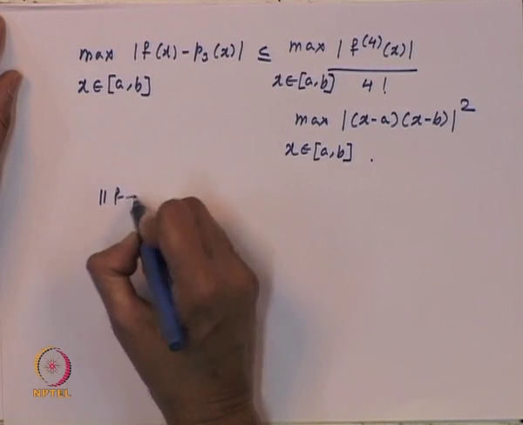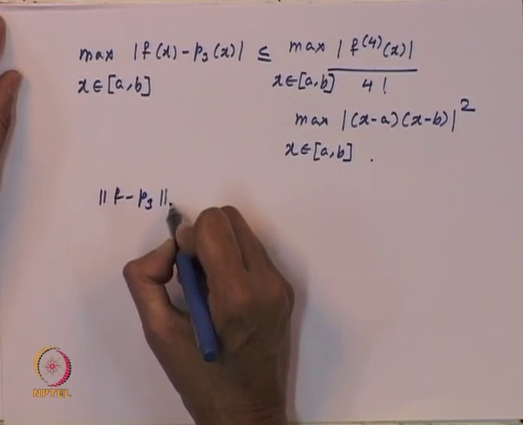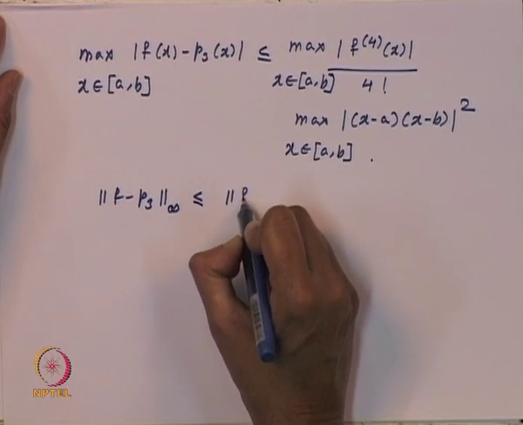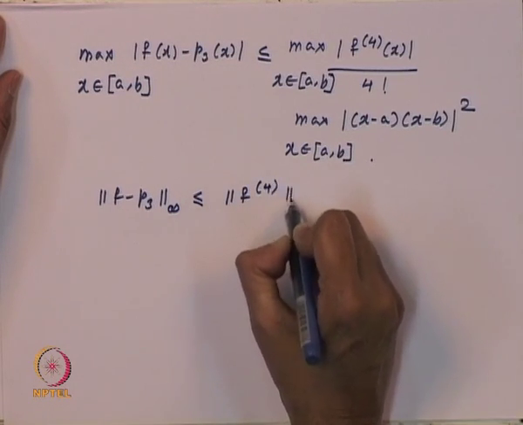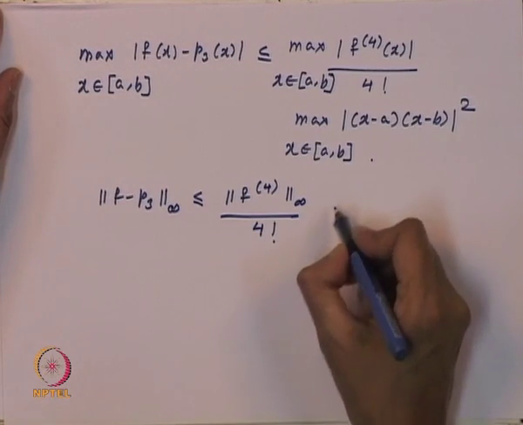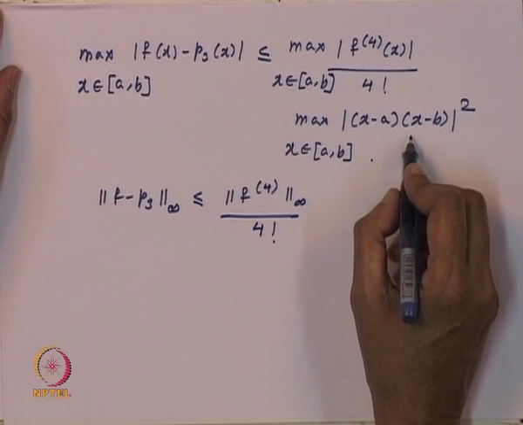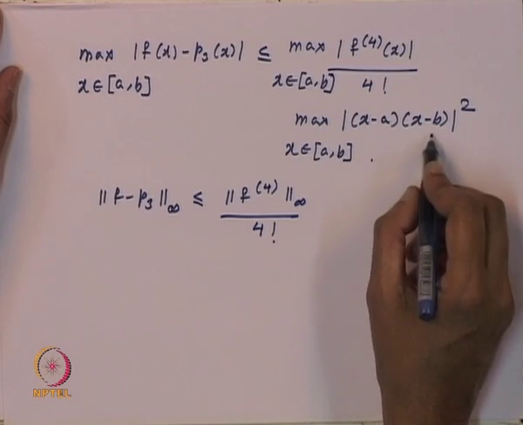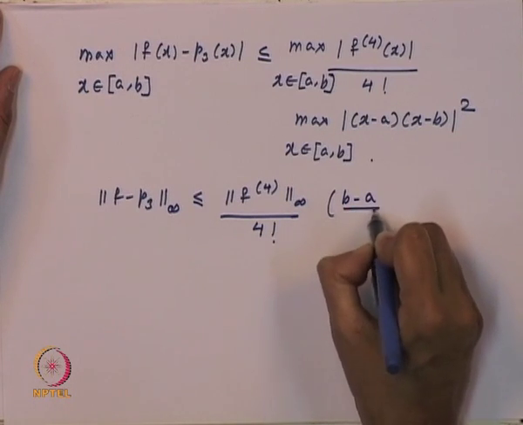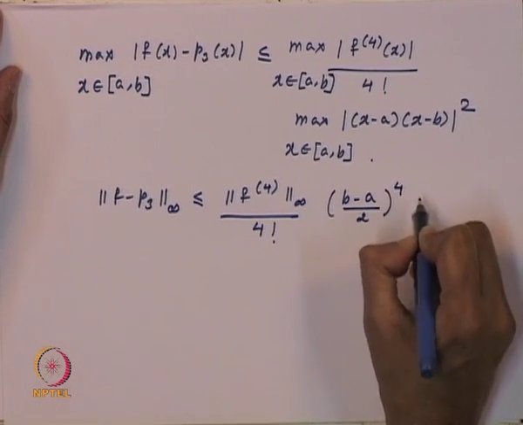Thus, the infinity norm of f minus P3 is going to be less than or equal to the infinity norm of f'''' divided by 4 factorial, and the maximum is going to be attained at the midpoint (a plus b) by 2. So, that will give us ((b minus a) by 2) raised to 4.